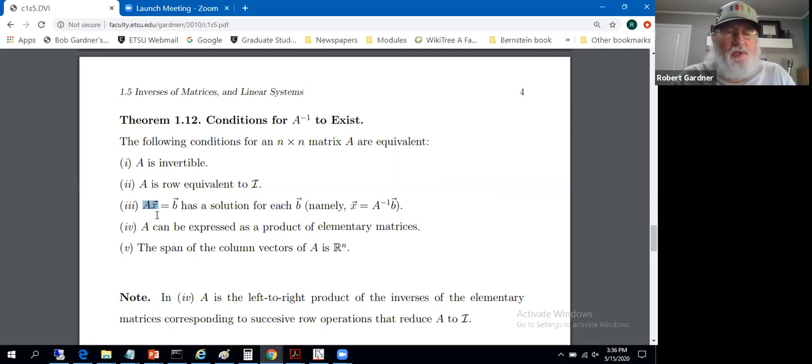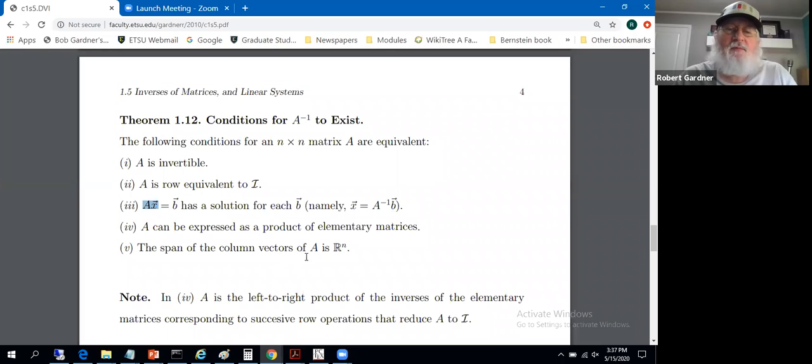All right, well, saying AX equals B has a solution for every B in Rn is saying anything in Rn, call it matrix B, can be written as a linear combination of the columns of A. Hey, the span of the columns of A, that's the column space of A. So I jumped the gun a little bit, we'll call that column space shortly.